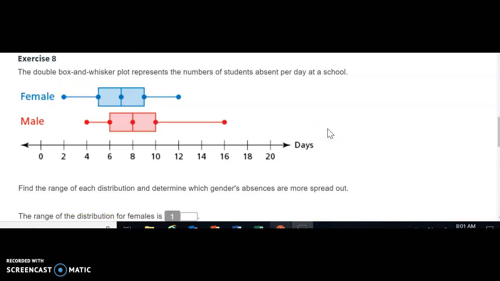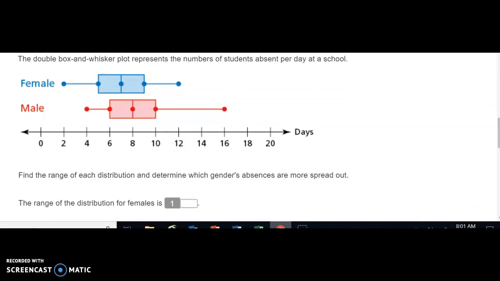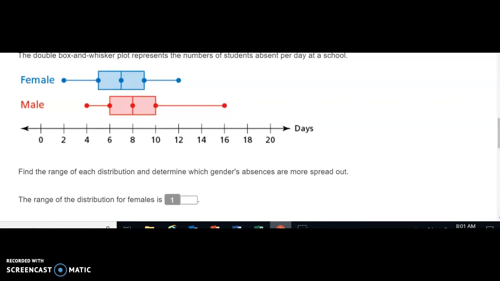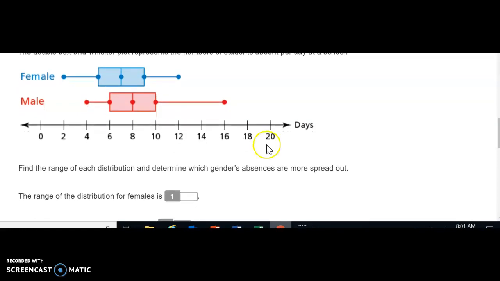Okay, exercise number 8. The double box and whisker plot represents the number of students absent per day at a school. So we have the females in blue and the males in red. Find the range of each distribution and determine which gender's absences are more spread out. The range is when we take the highest number and subtract the lowest number.